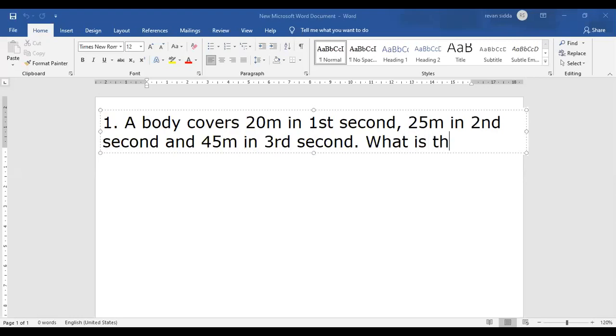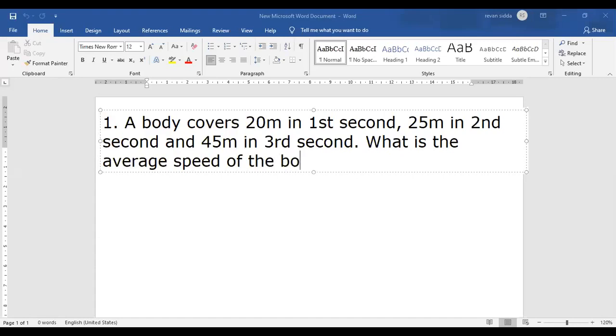What is the average speed of the body? In the first second, it has covered how much distance? 20 meters. In the second second, 25 meters. In the third second, 45 meters. So we need to find out the average speed of the body.